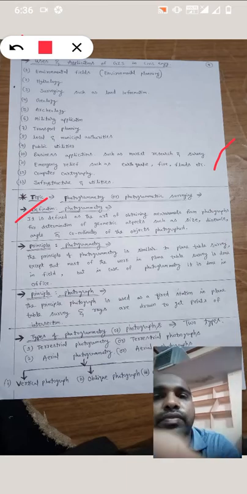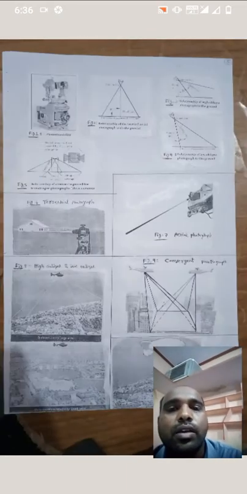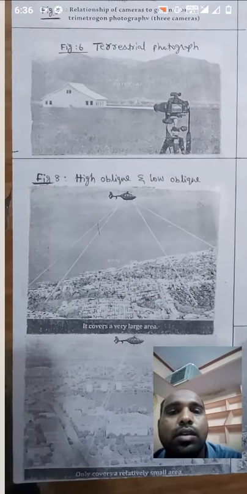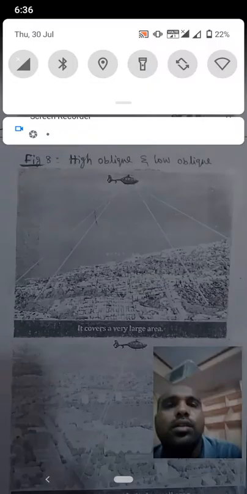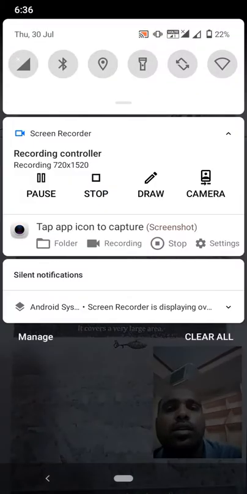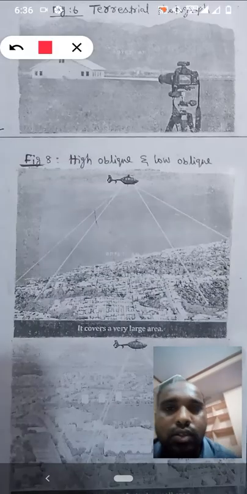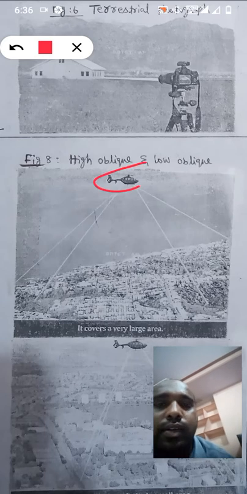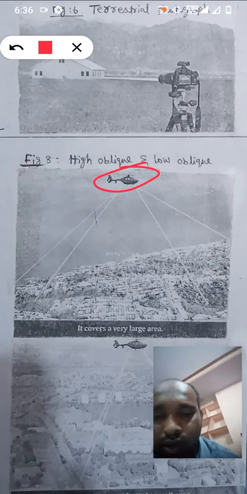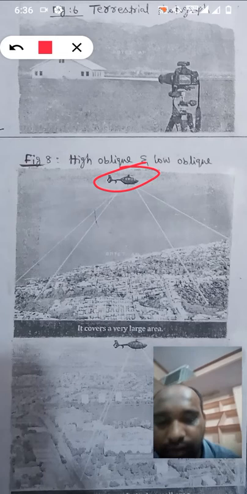I will show in the figure. See, this is a helicopter. At the bottom of the helicopter we are fixing a camera. From the photographs we are making a survey.